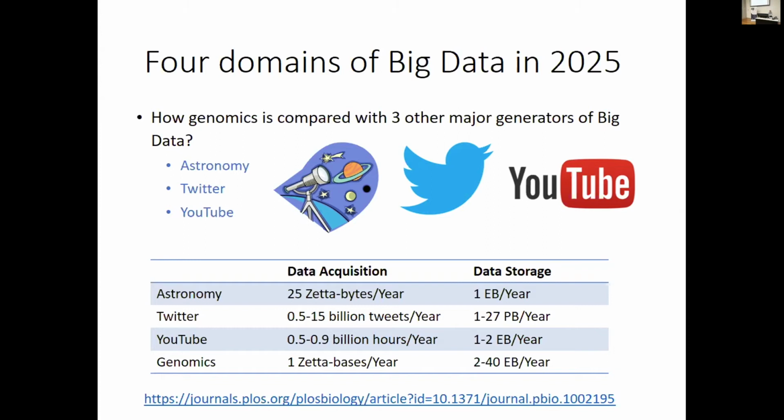For Twitter, the estimation is up to 15 billion tweets per year, equivalent to up to 27 petabytes per year of text data. YouTube, 0.9 billion hours per year, equivalent to 2 exabytes per year. And on top of all is genomics, 1 zettabase, which is 10 to the power of 21 per year, which can be up to 40 exabytes per year.